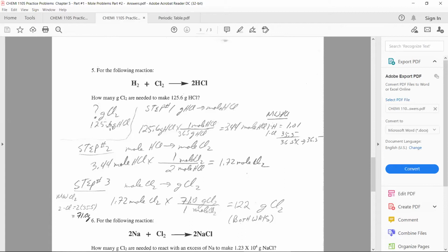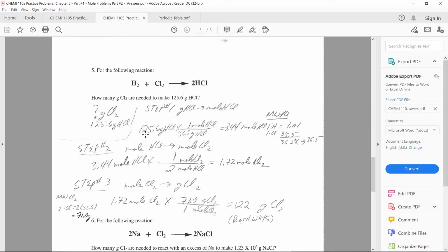Step 1, whatever you're given in grams, you convert to moles. So I'm given grams of HCl, I'll convert it to moles of HCl. How do I do that? Use unit analysis. Your good friend, unit analysis. All right, I have this number.